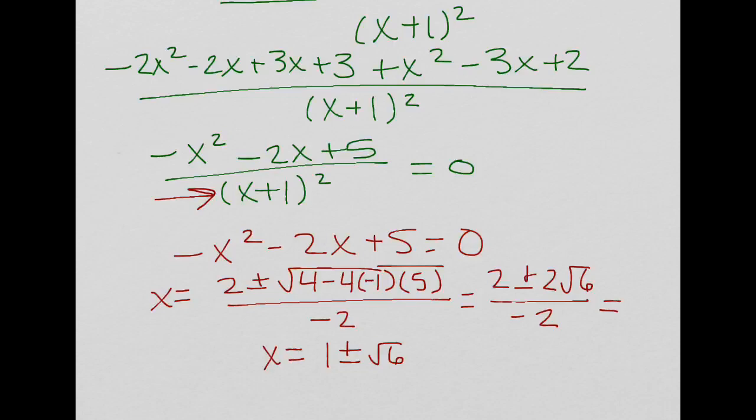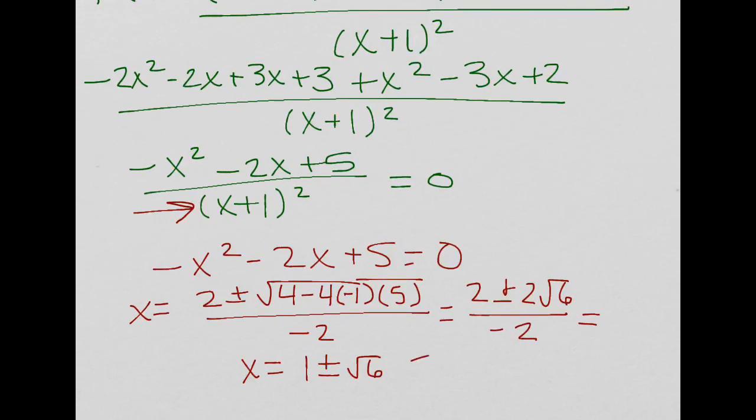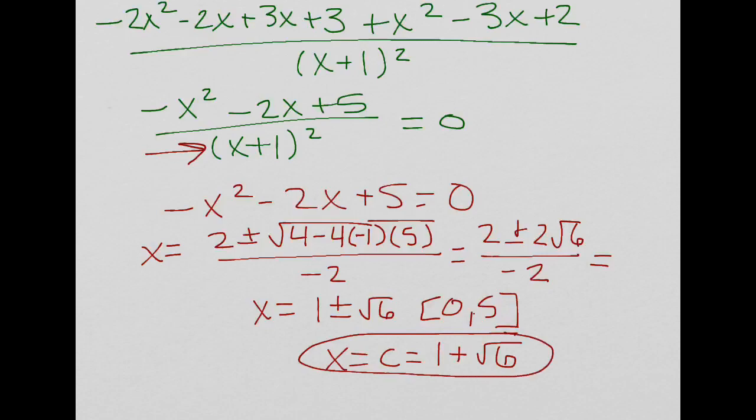But my interval was 0 to 5. So if I do 1 minus the square root of 6, I'm going to get a negative number. So I only want the plus version. So the c, because the problem asks for c, occurs when c equals 1 plus the square root of 6.